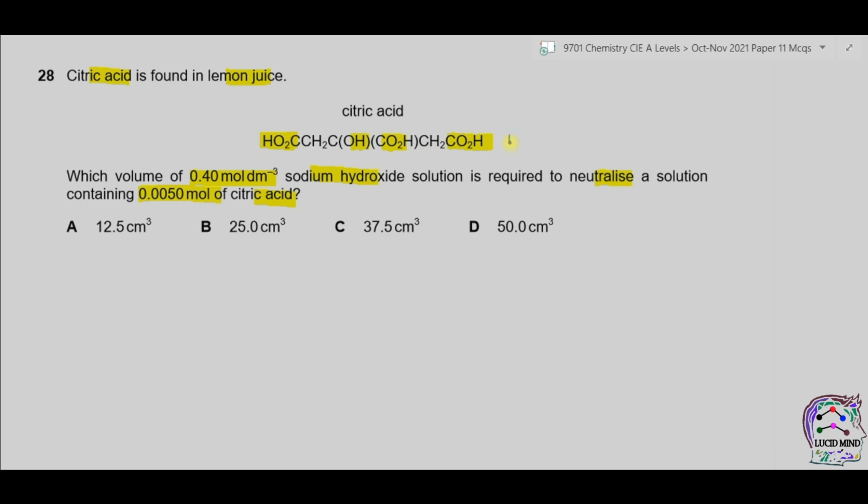Let's write the chemical equation with sodium hydroxide. Acid plus alkali form salt and water. Now sodium salt will be formed upon carboxylic acid functional groups. We have 1, 2 and 3 positions. It would be like this: CO2H, CH2, then we have C(OH), then CO2H, then CH2, and again CO2H.